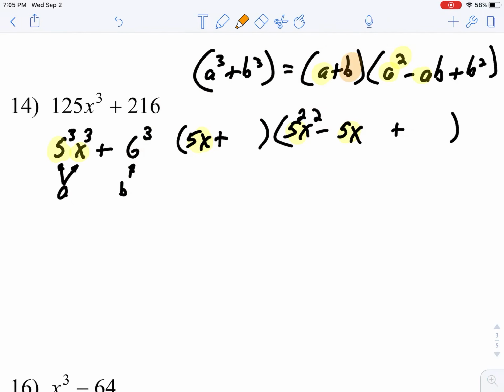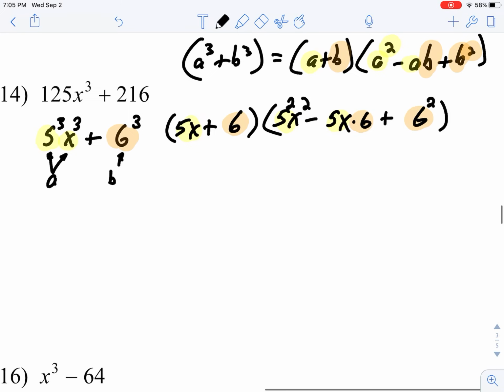According to the formula, I put a b here, here, and here. B is 6. So put a 6, put a times 6, put a 6, and that last one is squared, so I also have to square that. Finally, I can clean this up. Make it 5x plus 6.